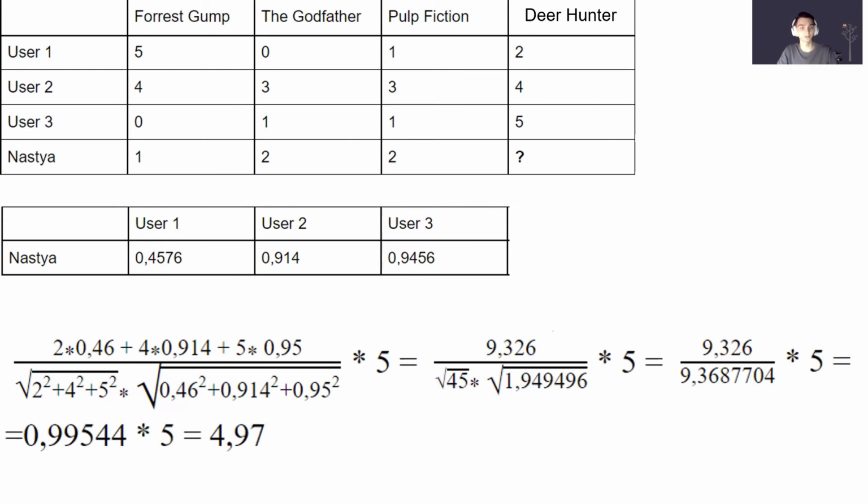After the calculations, we get that the possible grade that Nastya will give to the film is around 4.97. The result of this mathematical example is that Nastya will most likely give grade 5 to the film, and we can recommend this film to her.